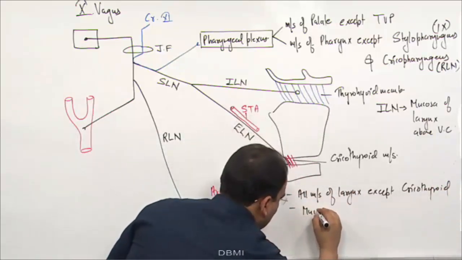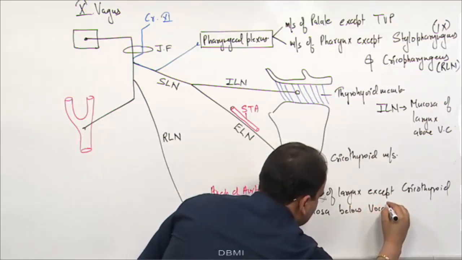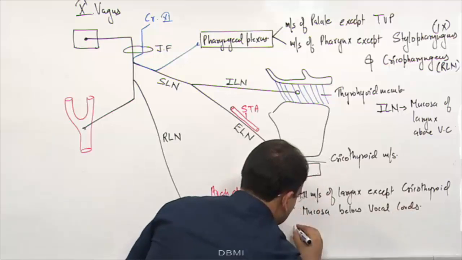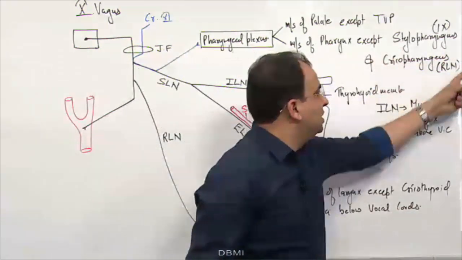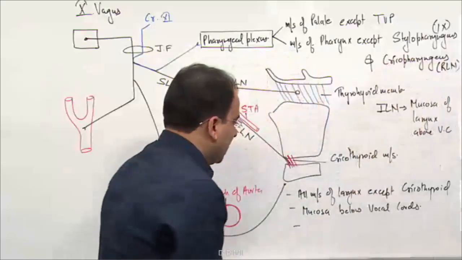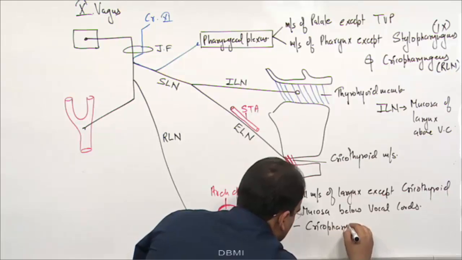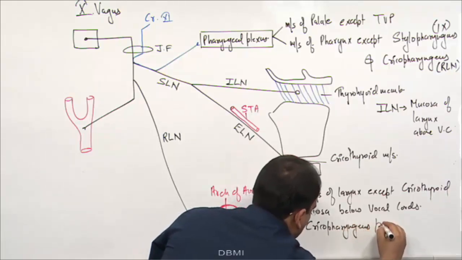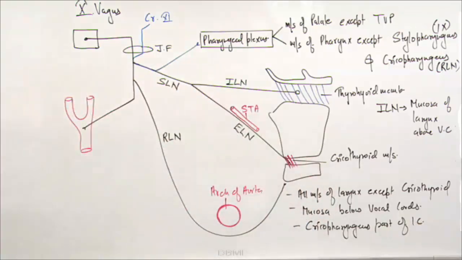It supplies mucosa of larynx below the vocal cords, plus it also supplies the cricopharyngeus part of inferior constrictor. IC is for inferior constrictor. Cricopharyngeus part of inferior constrictor.